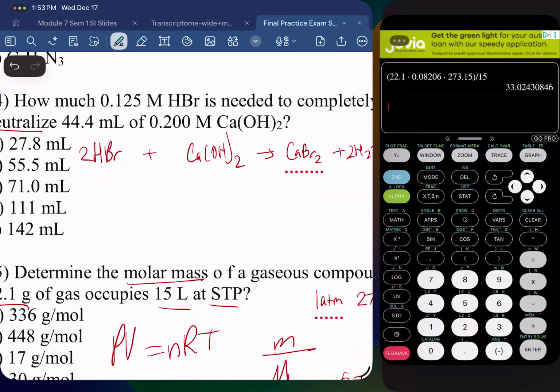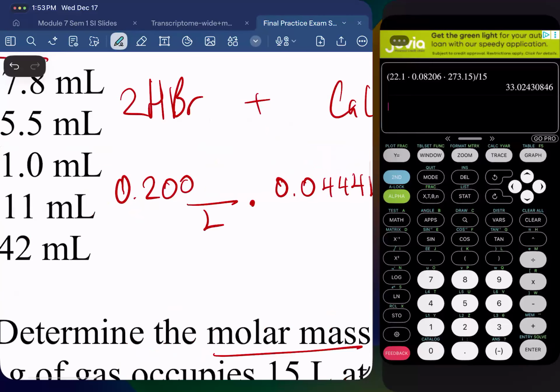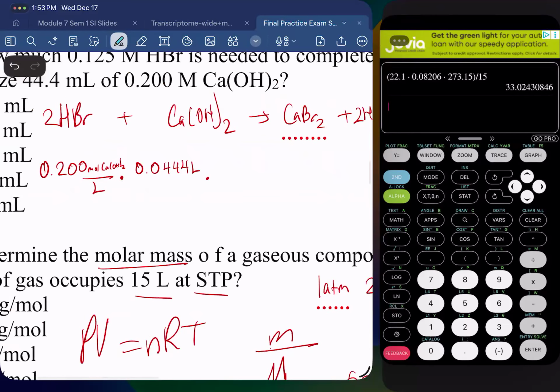I like to do dimensional analysis as one whole step, and I'll explain how I do it. We first start with 0.200 moles over liters. We multiply that by the liter amount, so 0.0444 liters. Sorry, I should have specified, this is moles of calcium hydroxide.